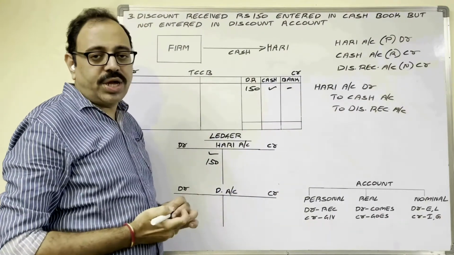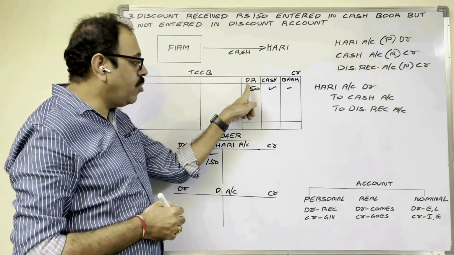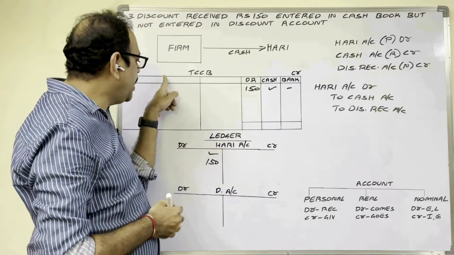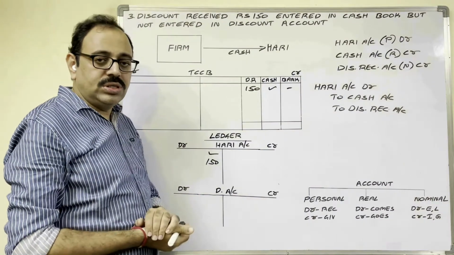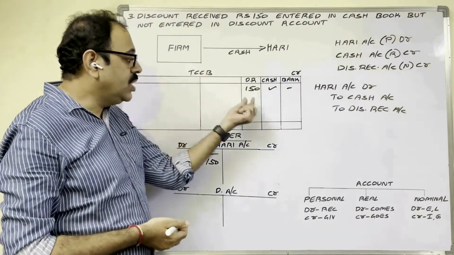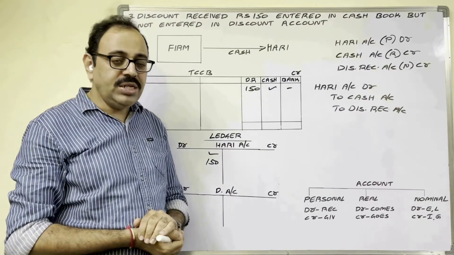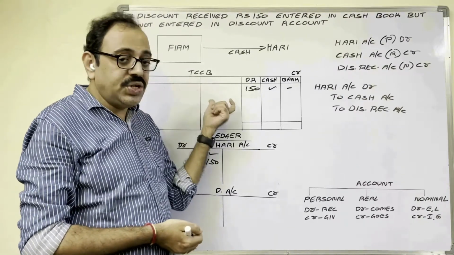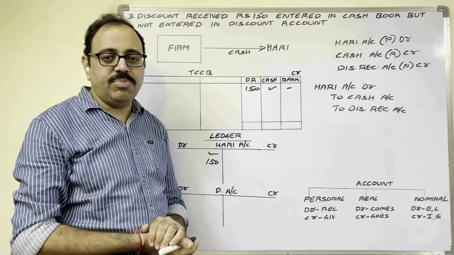Now come to discount account. Don't think that in triple column cash book when we open discount received column and discount allowed columns, we are writing in discount account. In triple column cash book, these discount columns are only memorandum columns. Means in triple column cash book, actually speaking, cash account and bank account, these two accounts only we are preparing.